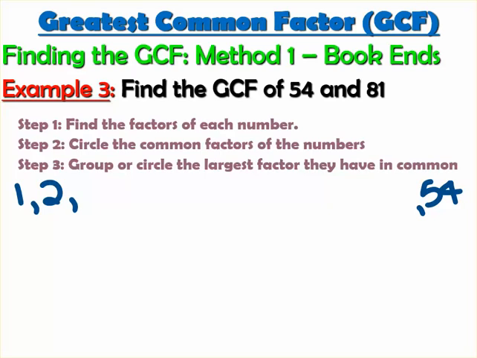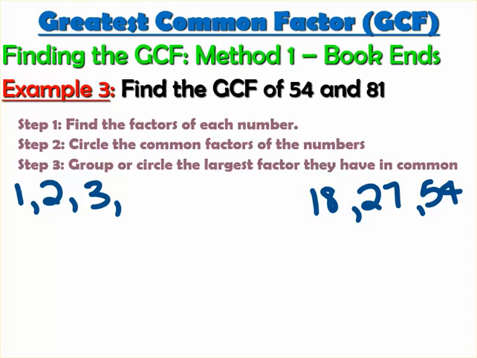So 2 goes into 54. Well, 54 divided by 2 is 27. 3. Might need to use your calculator. 54 divided by 3. Yep, that's a whole number. That's 18.